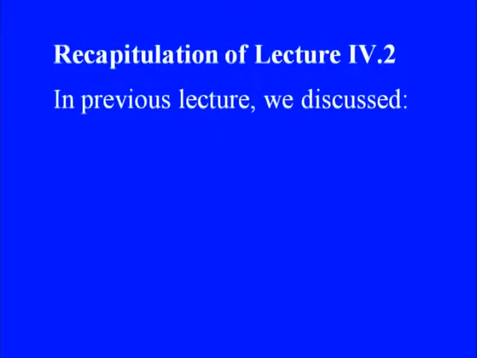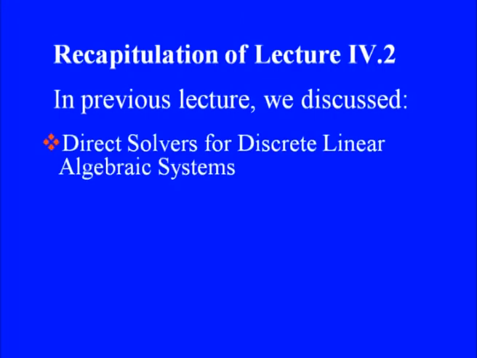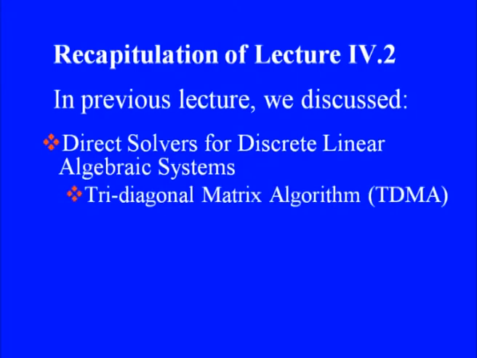So, let us have a recapitulation of what we did in lecture 2 of this module. We discussed direct solvers for discrete linear systems specifically suited for CFD applications. In fact, we had a detailed look at what we call the tri-diagonal matrix algorithm or TDMA, which can be used for one-dimensional problems, and it can also work as a backbone of an iterative scheme based on the alternating direction method.